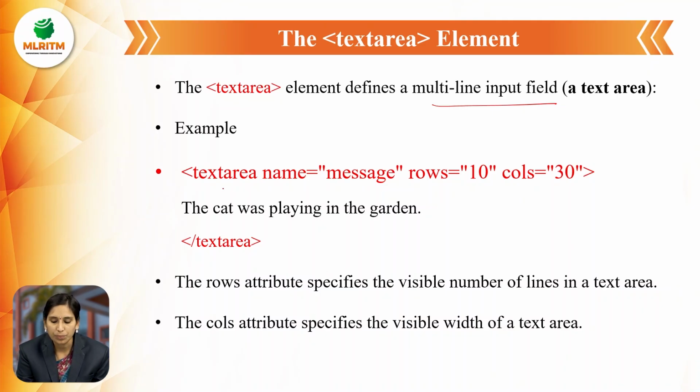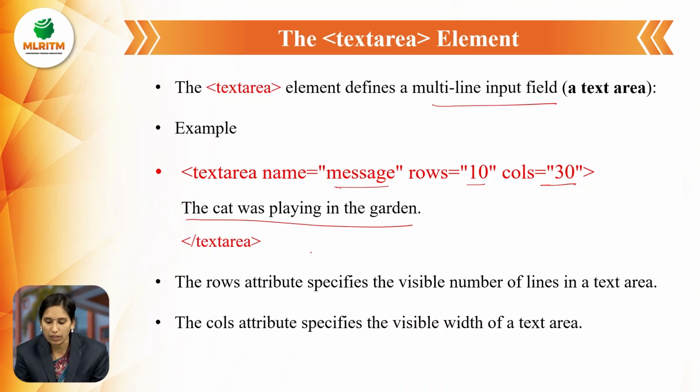For example, textarea name equals message, with rows equals 10 and columns equals 30. Here I'm giving this information: the cat was playing in the garden. This is the message I want to print, which can be given here. Then close the textarea.